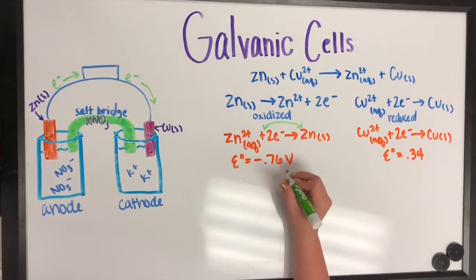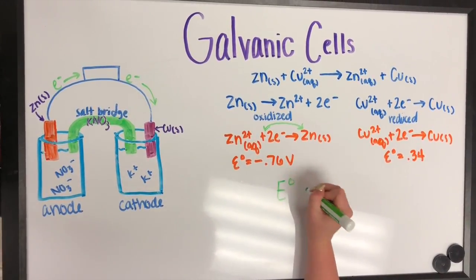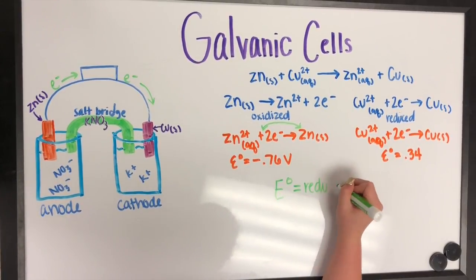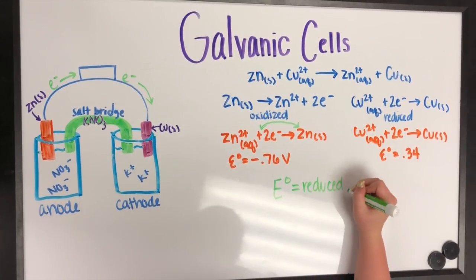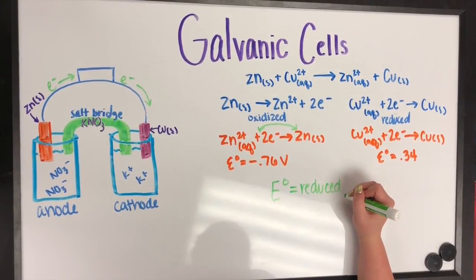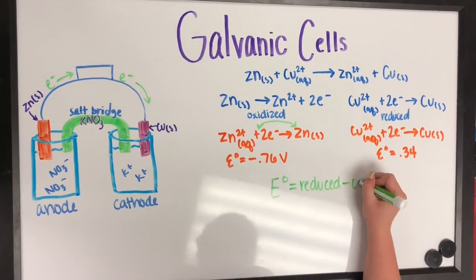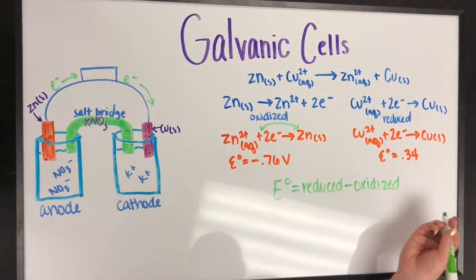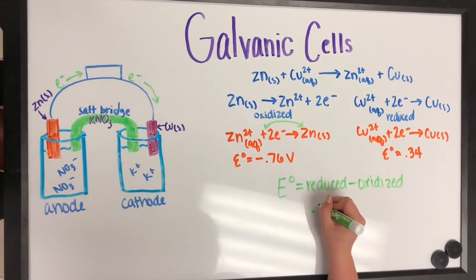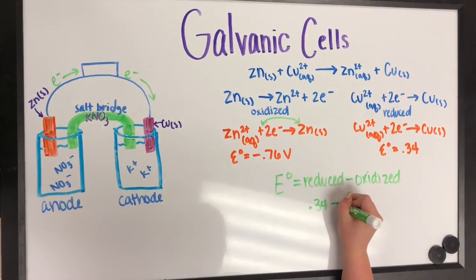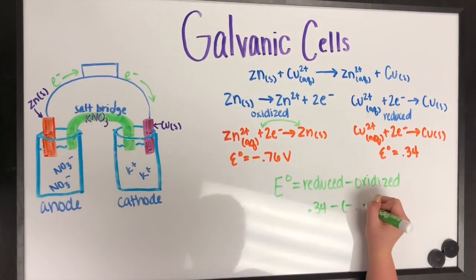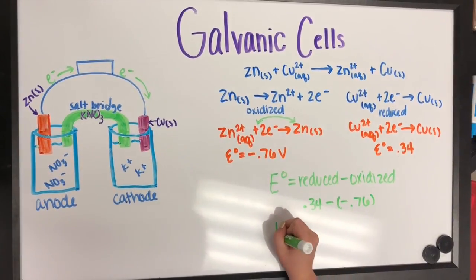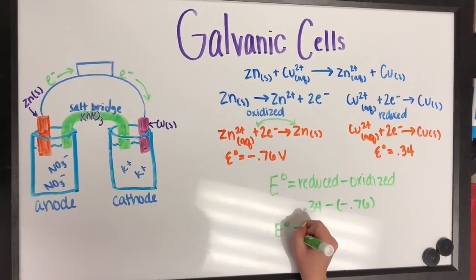So the E cell is going to be the reduced minus the oxidized. And from that equation, we can see that it's going to be 0.34 minus negative 0.76. And as the total E cell value, we come up with a positive 1.10 volts.